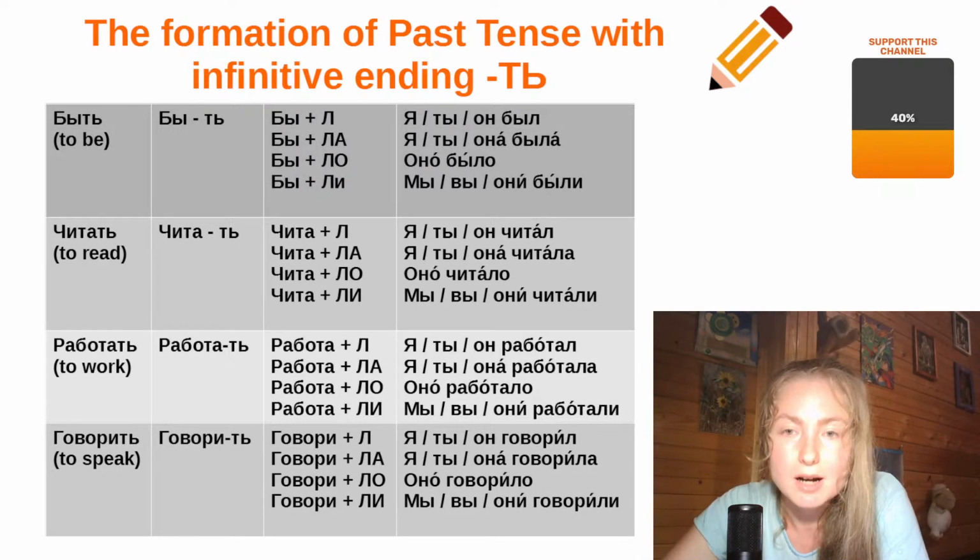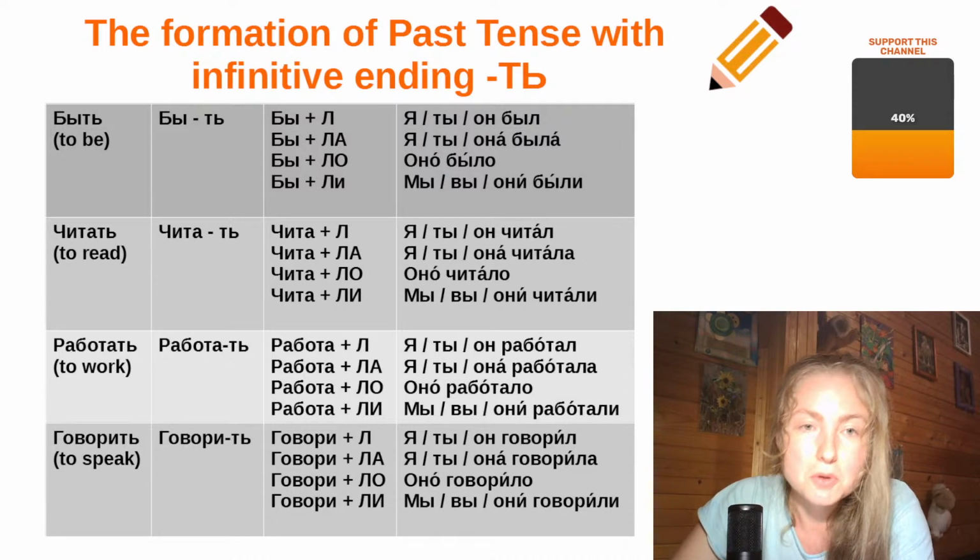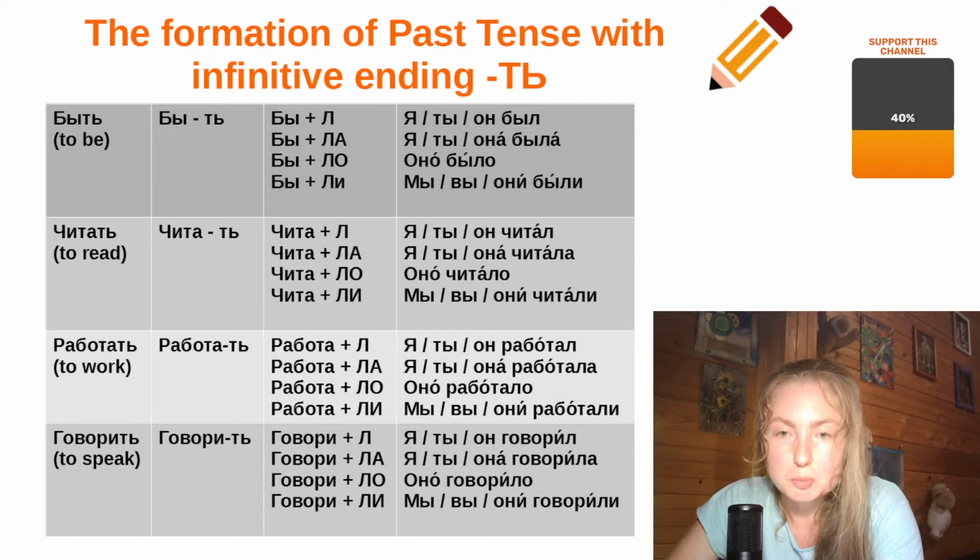So, what happens when we want to produce the past tense of such verbs? The first verb is the verb to be, «быть». You can see it in my table above on the left, «быть», to be. We need to take our suffix «ть», and remove it from the verb, and we will get «бы».